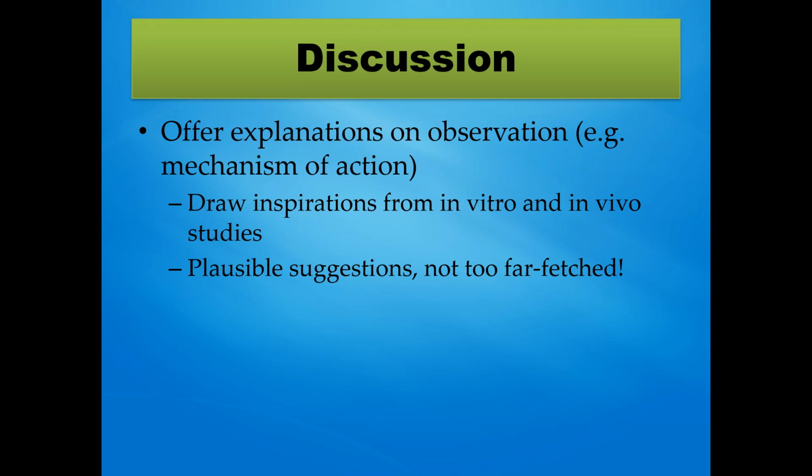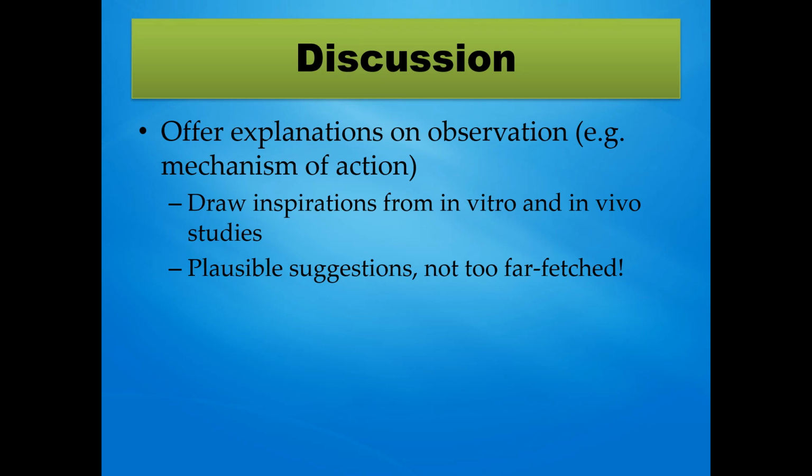And also, some authors would prefer to offer explanations on the observations obtained, for example, mechanism of actions. For example, in the title that we discussed just now, we may observe a significantly lower bone mineral density status in Malaysian men with vitamin D deficiency.